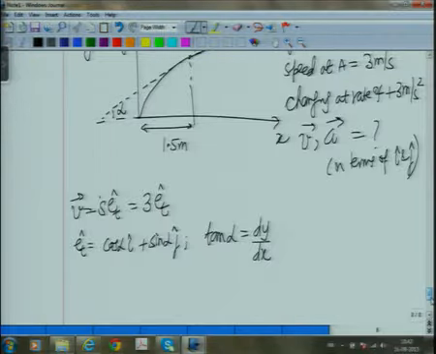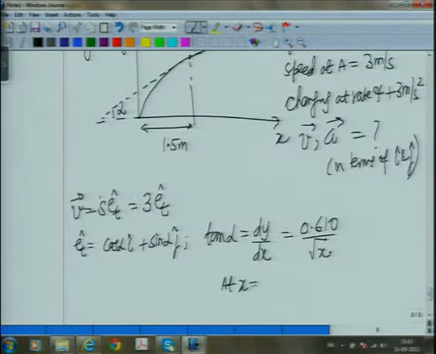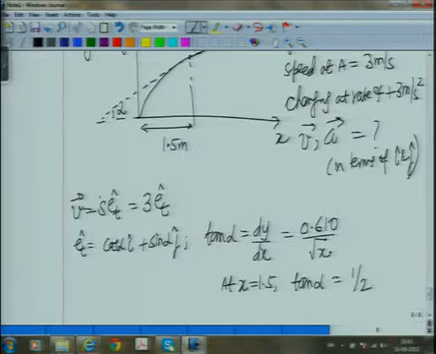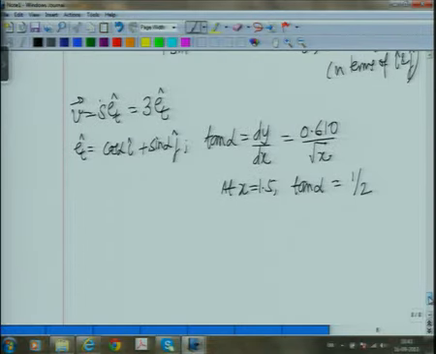So, tangent alpha is equal to dy by dx, which will be equal to 0.610 divided by root of x. So at x equal to 1.5, tangent alpha is equal to half. That is what you find when you work out.